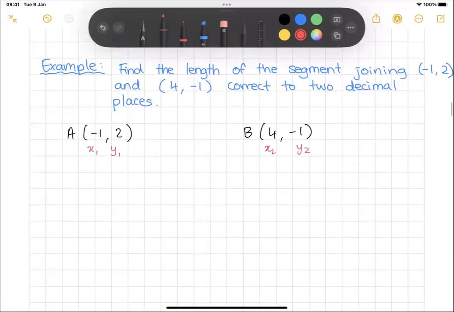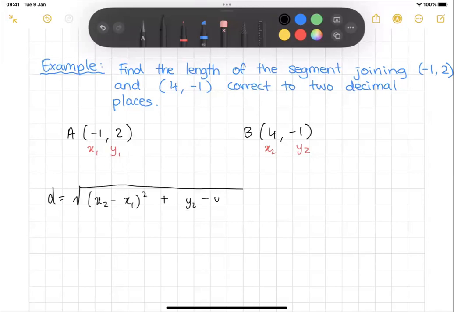Okay, so I've labeled that. Let's write down the formula: x2 minus x1, whole squared, plus y2 minus y1, whole squared. All I have to do now is substitute.